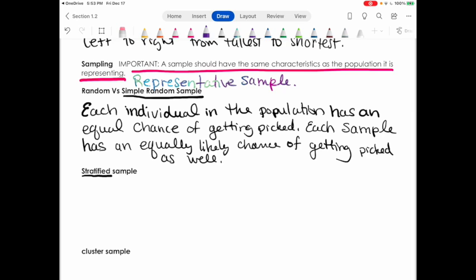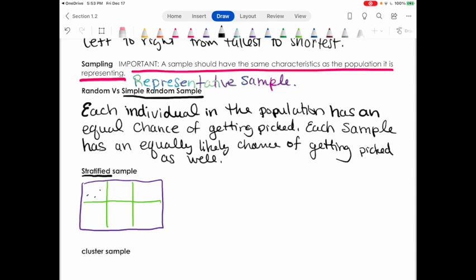To give you a picture of what that would look like, imagine this box contains my whole entire population. And I split my population into 6 categories. So each category is one of those boxes. Okay?